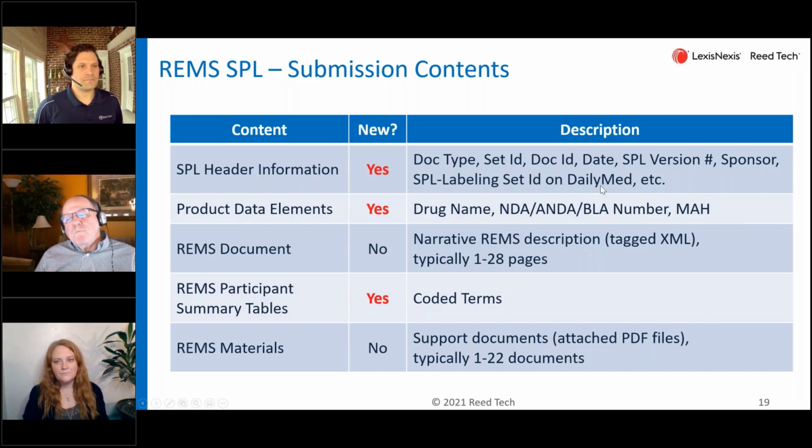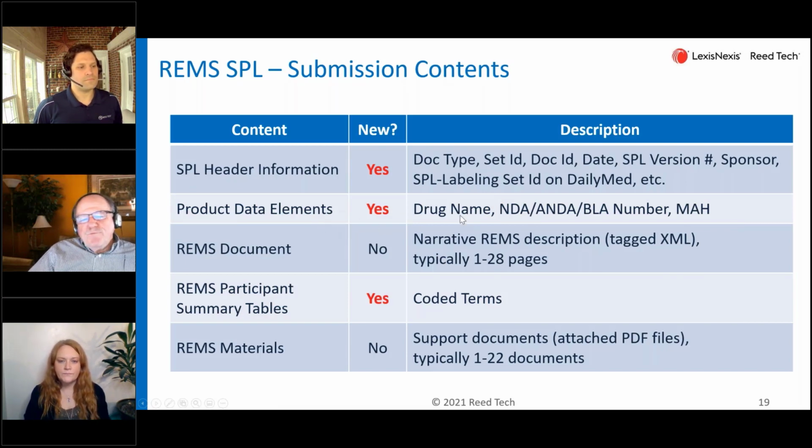So rather than repeating a lot of information about the drug product, SPL REMS simply has a link over to the SPL listing document that's already been submitted to the FDA. So there is this link that needs to be done, and you simply pick up the set ID and record that information in there. We can talk about those details later, but that is unique for SPL REMS. It actually has a reference to an external SPL file.